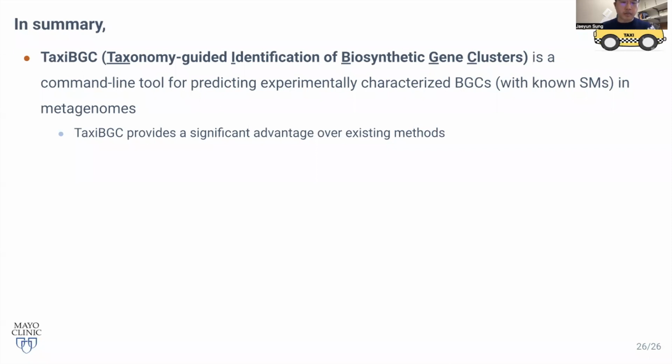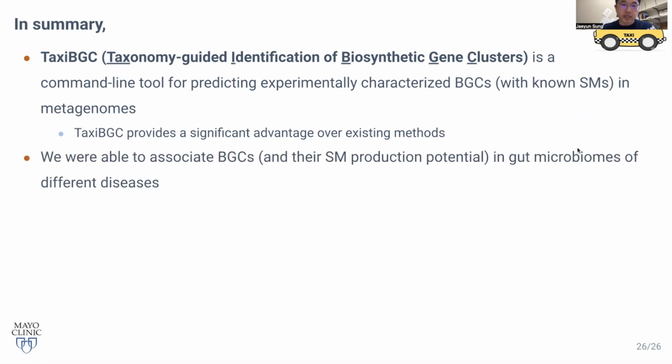Okay, so I'll wrap up. We developed TaxiBGC, a command line tool for predicting experimentally characterized BGCs in metagenomes. And here, experimentally characterized means that we know the metabolic product. And I wasn't able to get into this in much detail, but actual users of our tool will soon notice that TaxiBGC provides a significant advantage over currently existing methods.